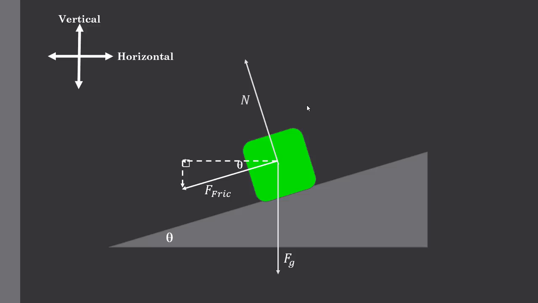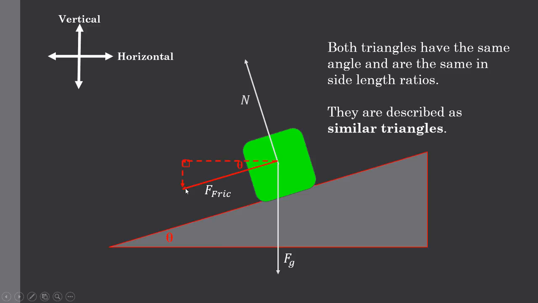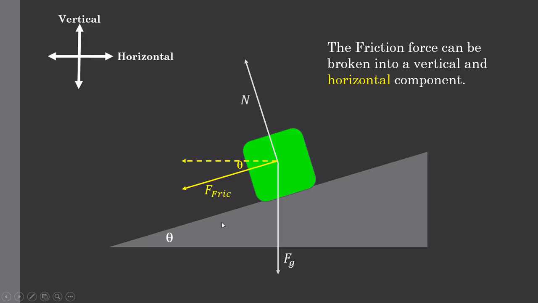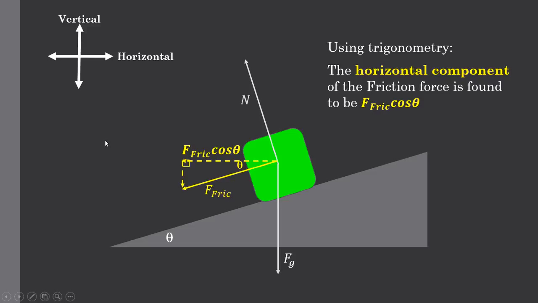Our frictional force can also be broken into a horizontal and vertical component. And likewise, it too makes the same angled right angled triangle. It is a similar triangle with the same proportions and angle to that of the ramp. It can be broken into horizontal components and vertical components. And again, using right angled triangles, we have on this yellow right angled triangle a hypotenuse of the force due to friction. The adjacent side gives us a function of force due to friction cos theta.